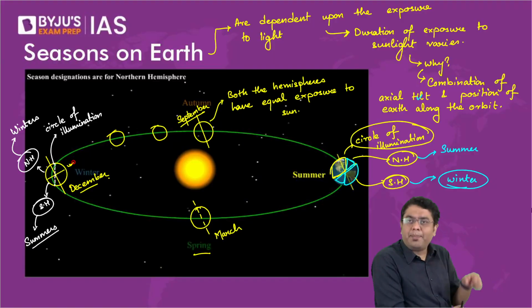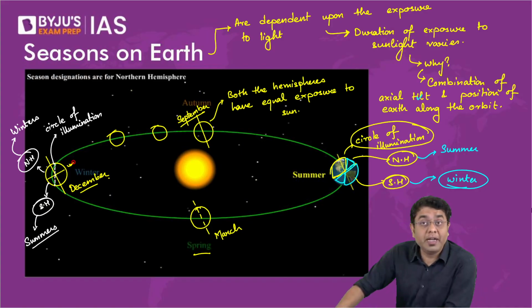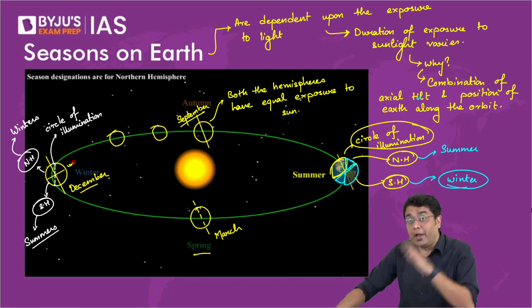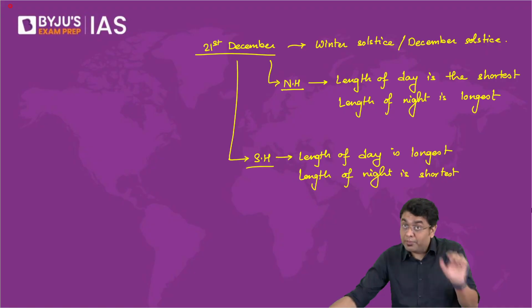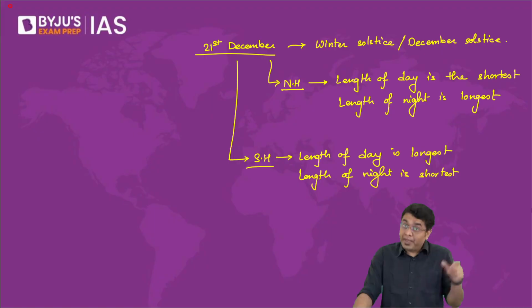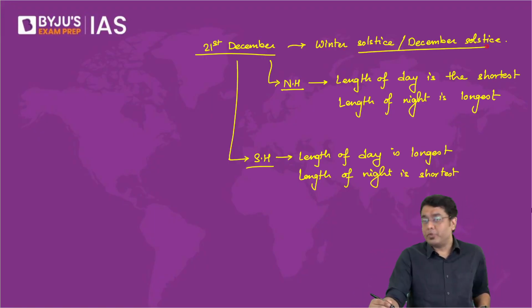Now, during that point or at that time, in India also you would have observed in December, on 21st or 22nd of December, we have the shortest day and the longest night, because the northern hemisphere is tilted farthest away. Whereas in the southern hemisphere, you have the longest day and shortest night. So here, that is the case of winter solstice or December solstice.